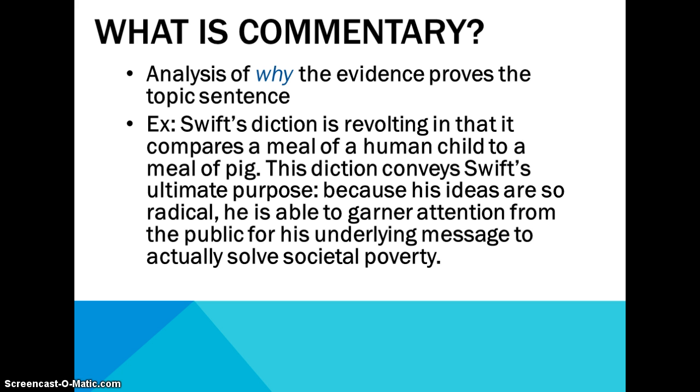First of all, my commentary is more than one sentence, okay? You are not limited in that. Second, I want you to notice that I have tied the evidence back to the topic sentence. So I'm talking specifically about the evidence, about the words that Jonathan Swift has used, and I've tied it back to that main point, the point of diction and what the purpose of the diction is. All right, so at this time you can answer number 5 on your worksheet.